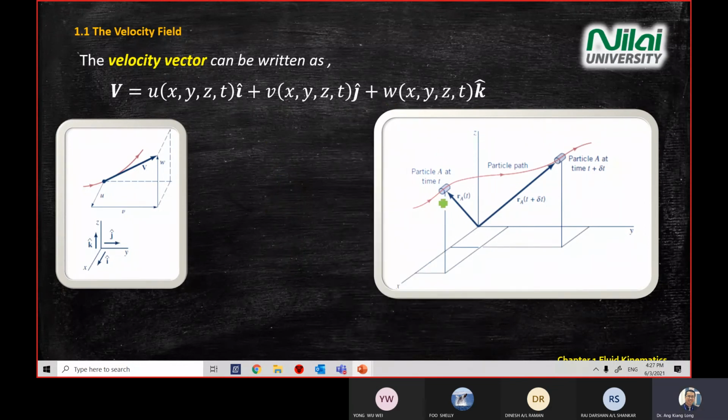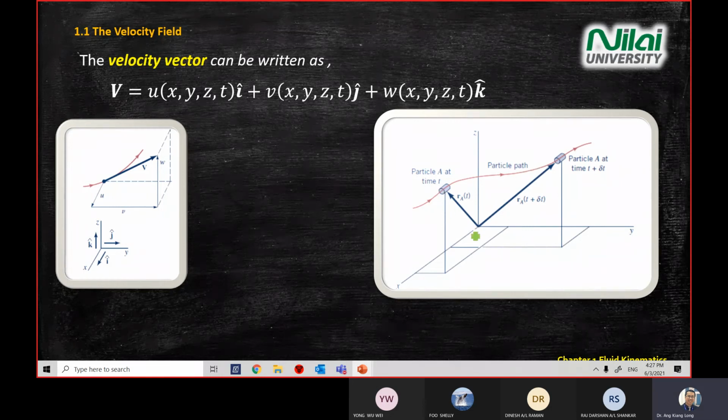So here is a particle path. If particle A moves from point 1 to point 2, you can link them with red lines like what you see here. We call it a path.